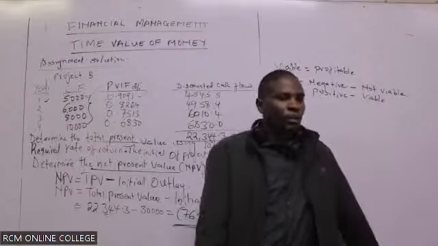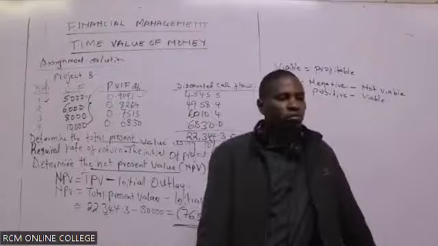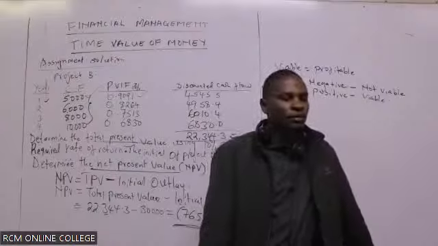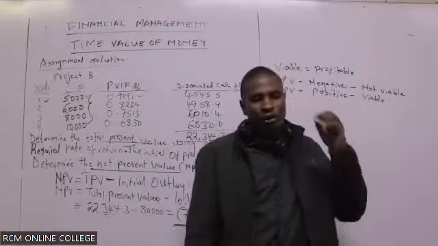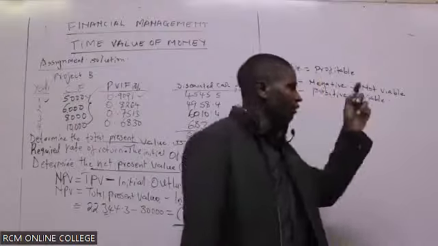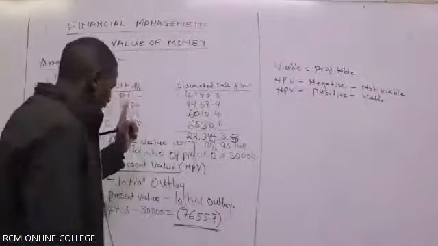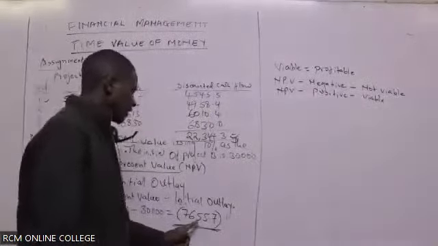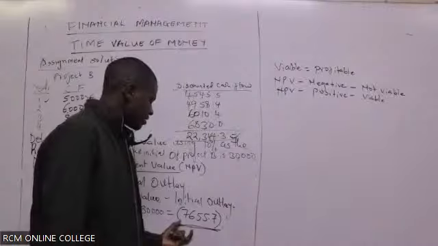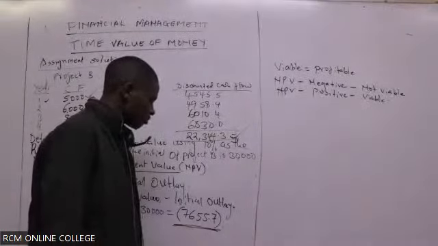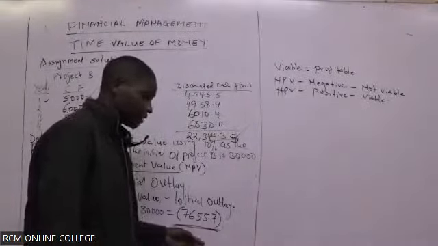Naomi anatuambia no. Naomi anatuambia hapana. Exactly. It's a no, because the NPV that we're getting here is negative. This means that this project is not viable, this project is not profitable.